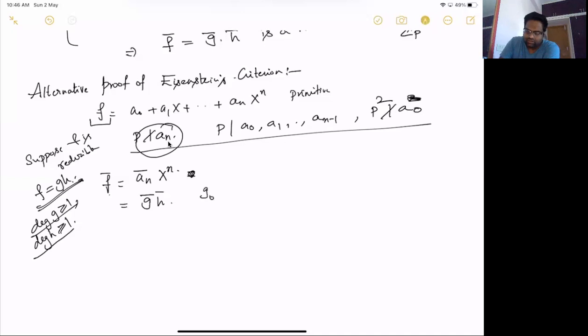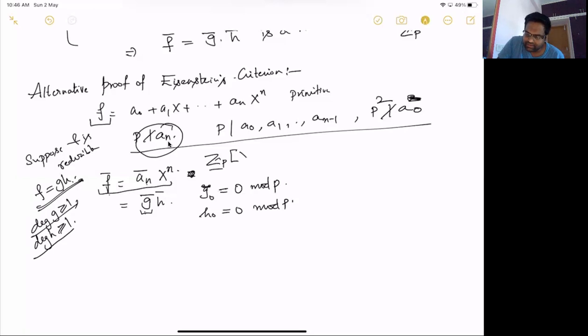And therefore, G naught, the constant term of G, satisfies G naught bar equal to 0 mod p, and also H naught is equal to 0 mod p. Why? Because F bar has no constant term, and you know that Zp is a field.